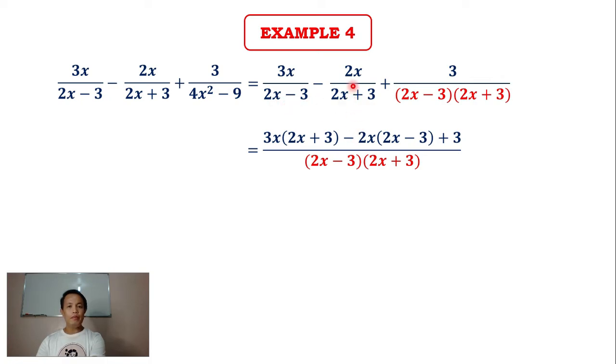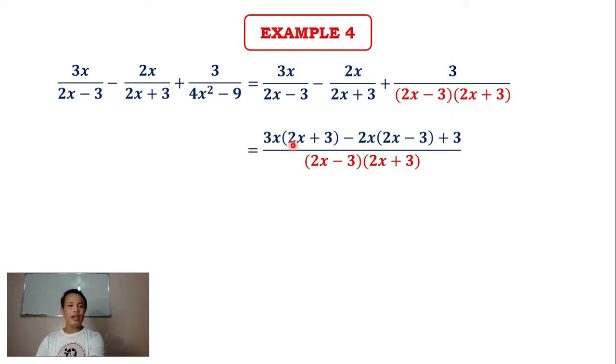So, we multiply this one with the numerator, which is 2x. So, we have negative 2x times 2x minus 3. Then, we copy plus. If we are going to divide the LCD by the third denominator, since they are the same, we can cancel out, and this shall result to 1. Then 1 multiplied to 3 will give us 3.